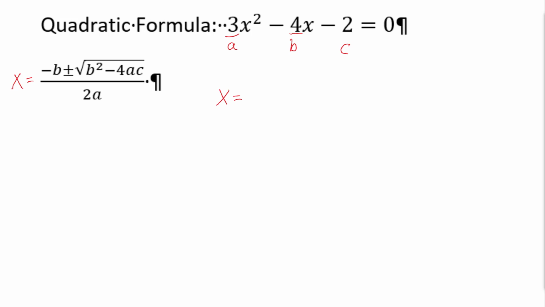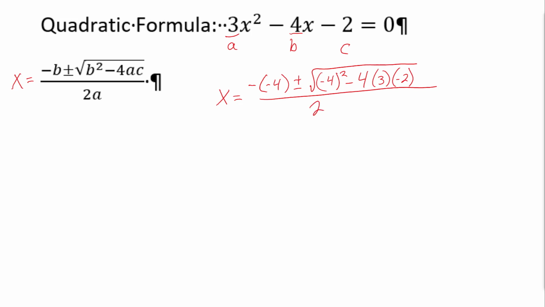b in this case is negative 4, so the opposite of negative 4, plus or minus the square root of negative 4 squared minus 4 times 3 times negative 2, all over twice a.